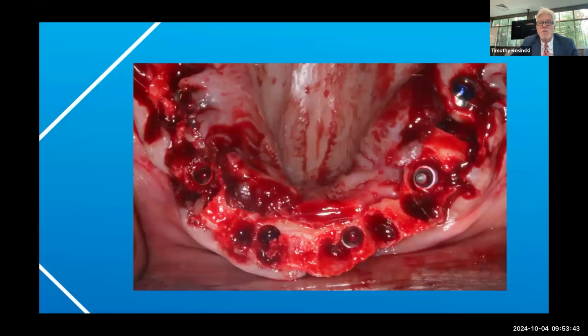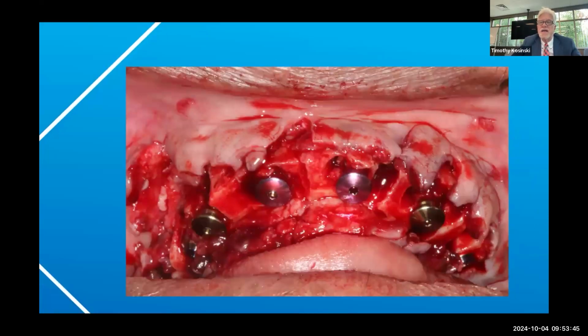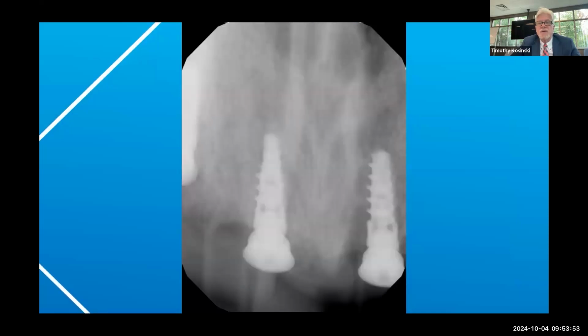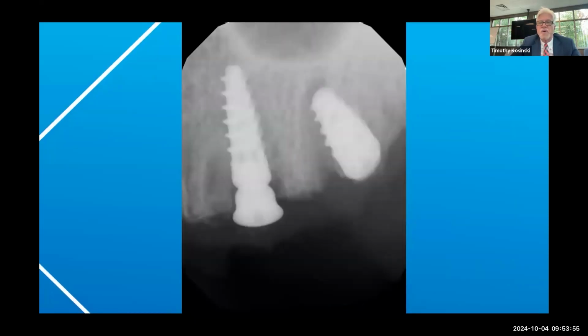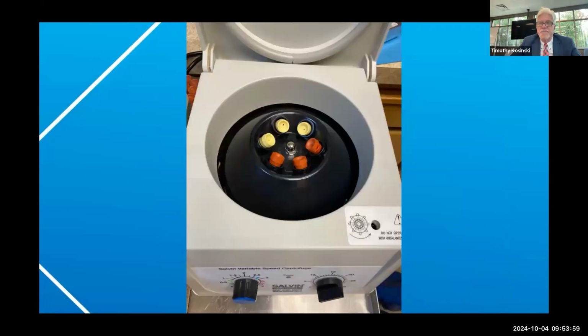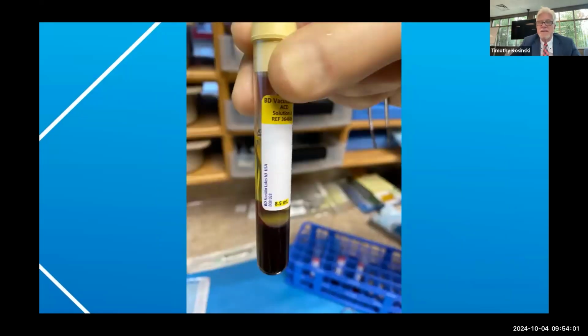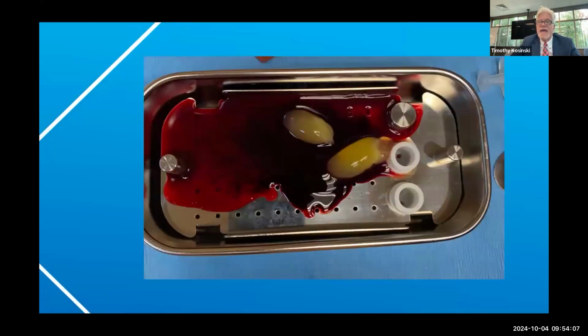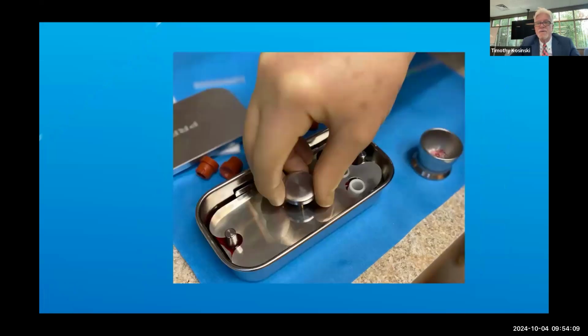We will then repair all the defected areas, the extraction sockets, the facial plate missing. And you can see I did not get torque in the posterior implants. I then spun blood, created my platelet-rich plasma and my platelet-rich fibrin.